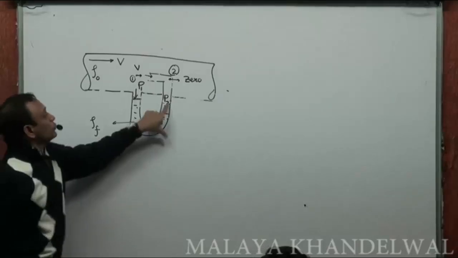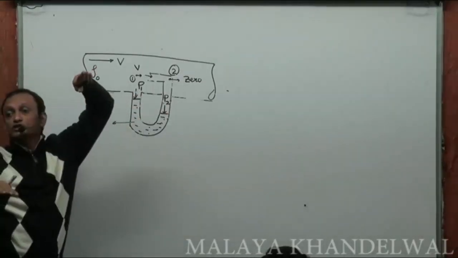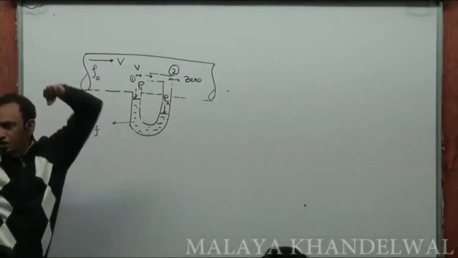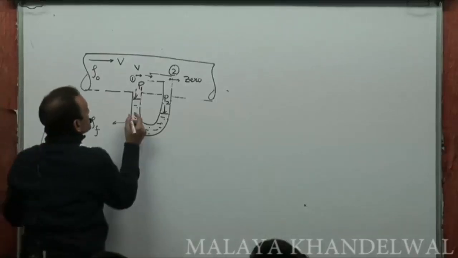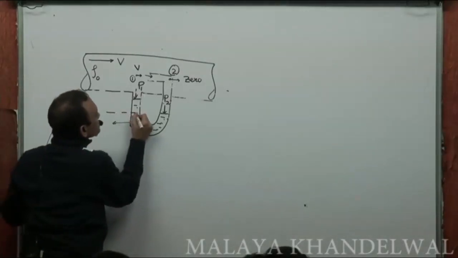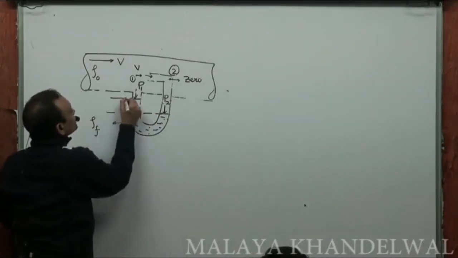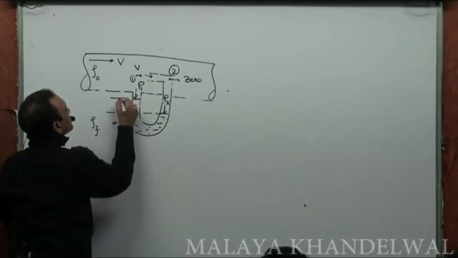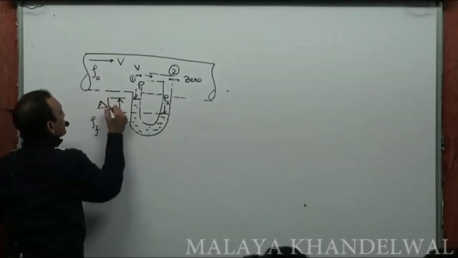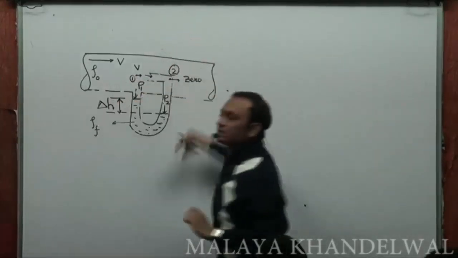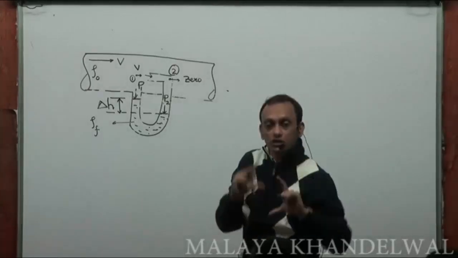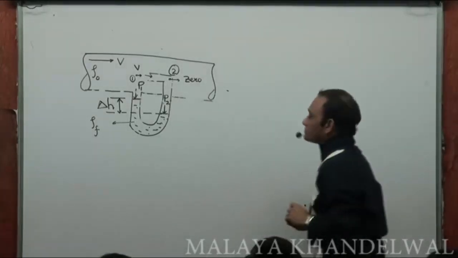Yes or no? And P2 is more than P1, and therefore there is a difference in the levels. Let's say the difference in the levels that you witness in the two limbs is delta H, which can be measured. These limbs are calibrated, so you can measure the difference in the levels in the two limbs.